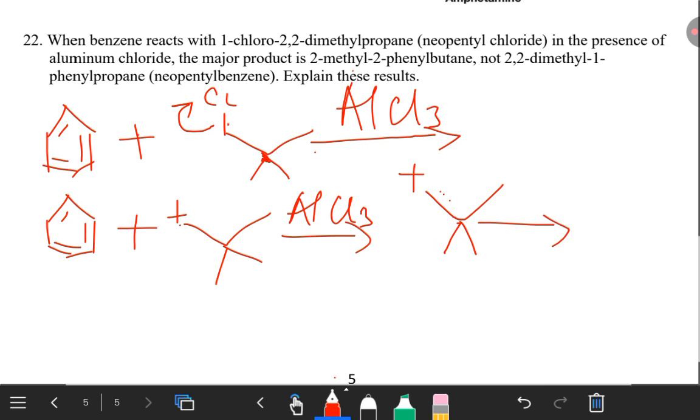So, methanide shift is going to shift this carbocation from that point. So we're going to have this.